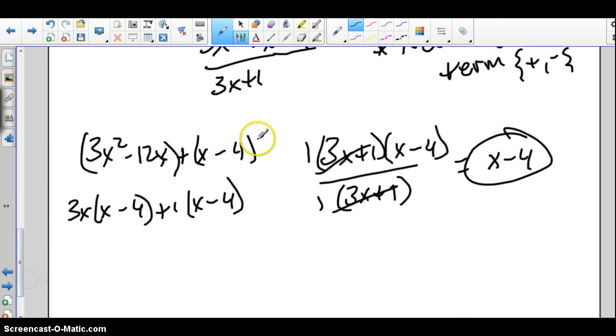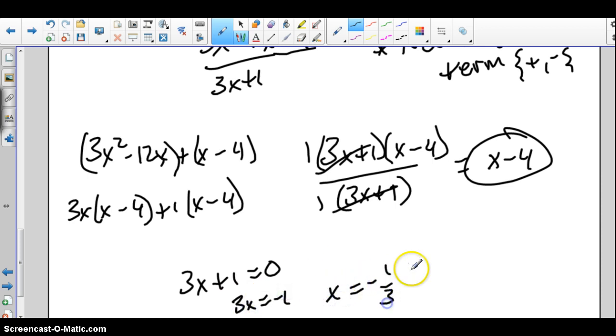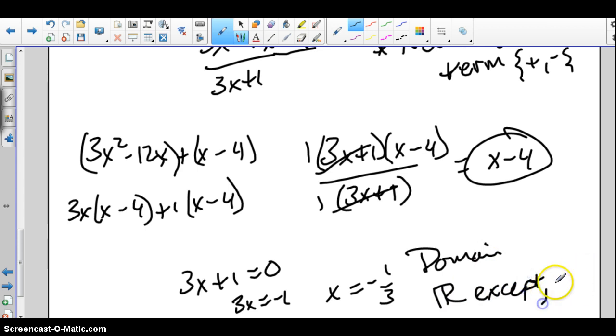However, for the division, we have to set this equal to 0 to see what x cannot equal. So I'm going to subtract 1 and divide by 3. So my domain is all reals except negative 1/3.